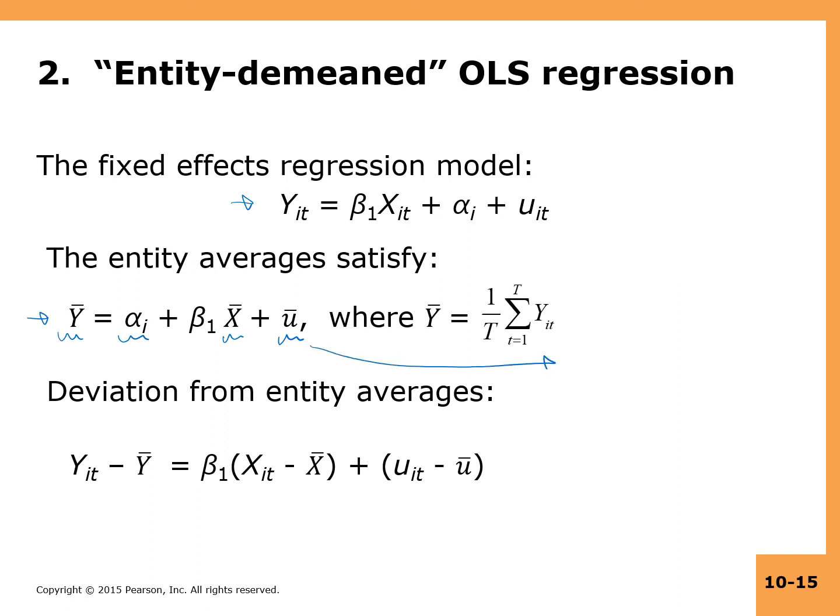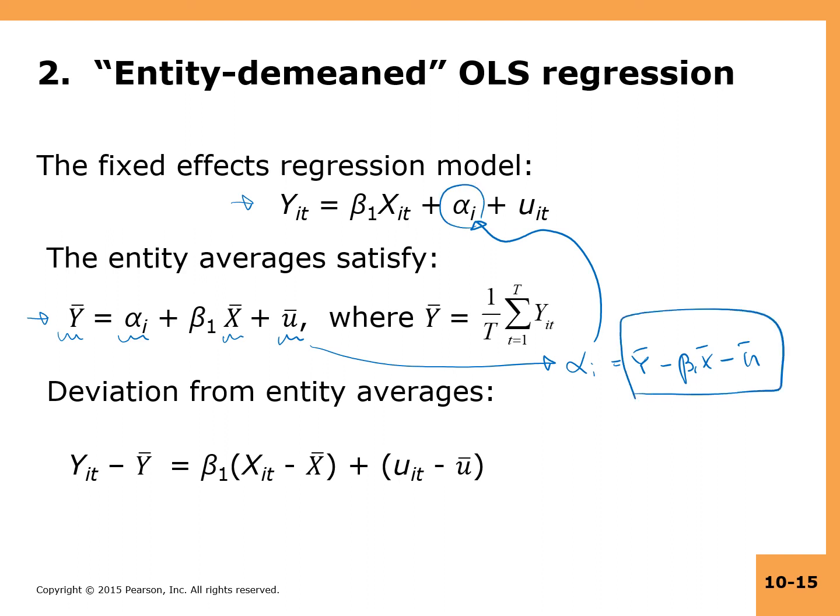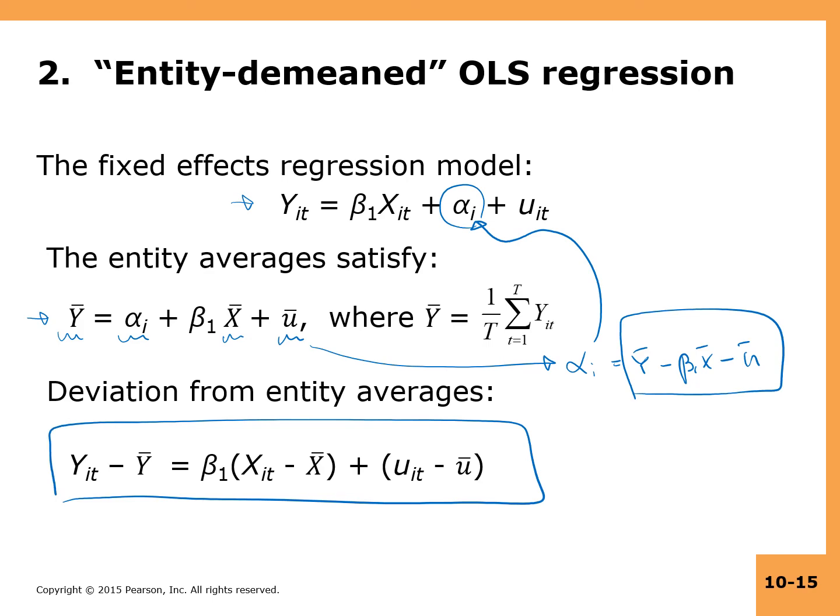You can rearrange this regression model to alpha i equals y bar minus beta 1 x bar minus u bar. And then instead of alpha i in the original regression model, we plug in y bar minus beta 1 x bar minus u bar, and what you get is this model, which is a deviation from the averages.